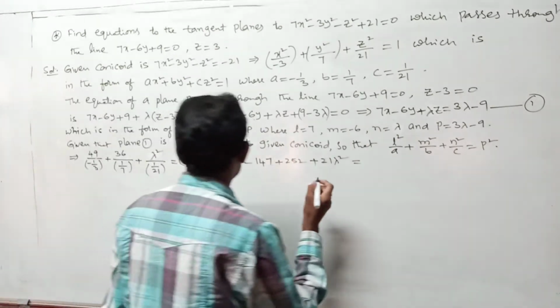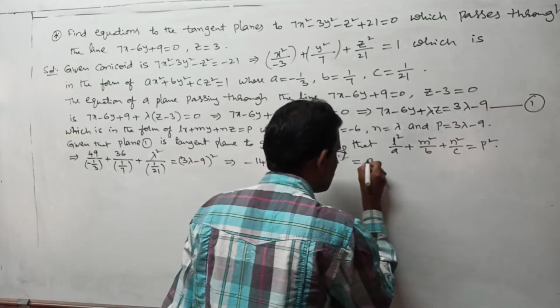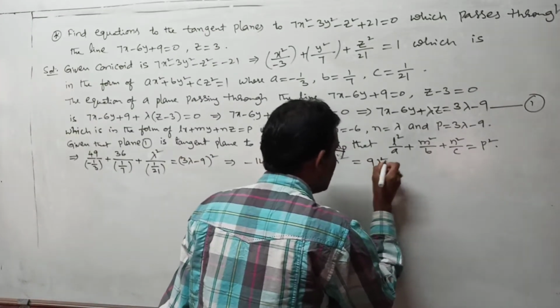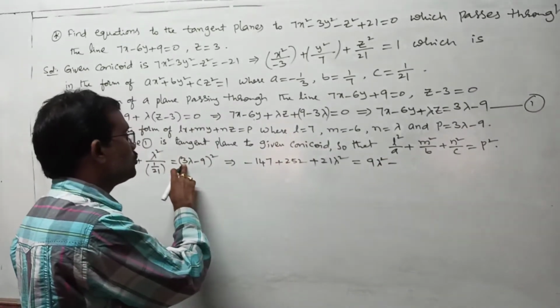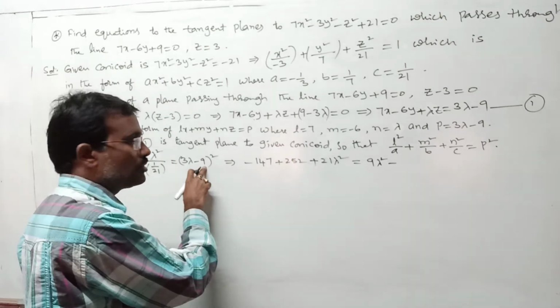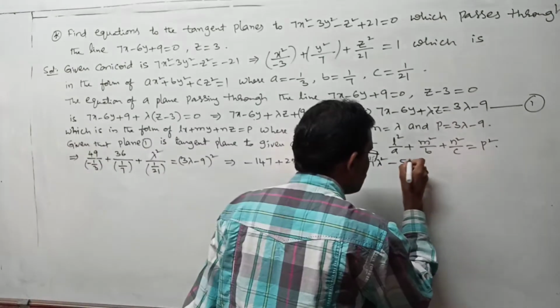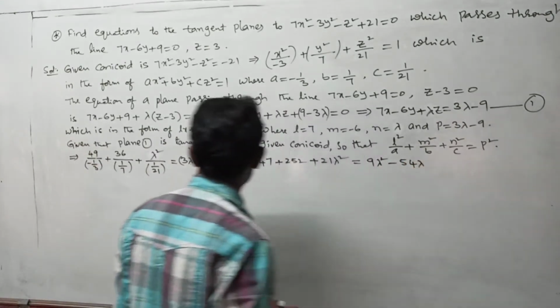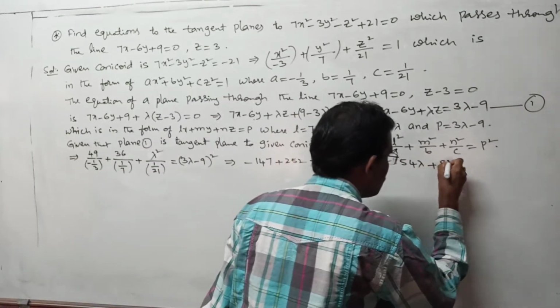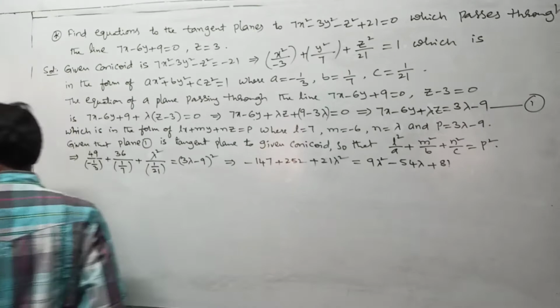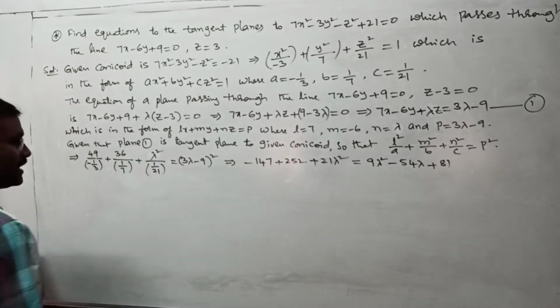A square is 9 lambda square, minus 2AB, 2 into 3 into 9 is 54 lambda, plus 81. 9 lambda square minus 54 lambda plus 81.